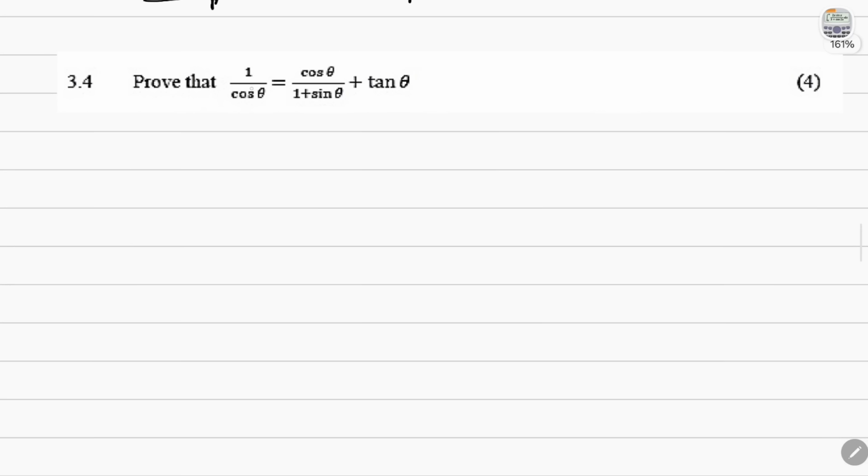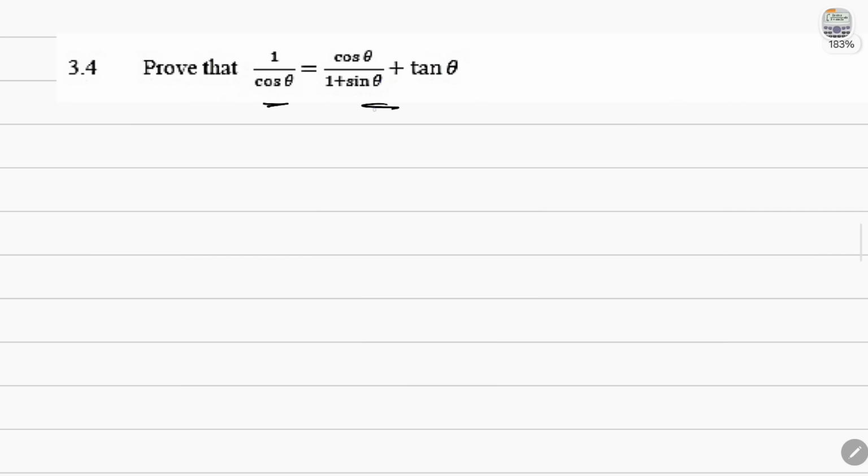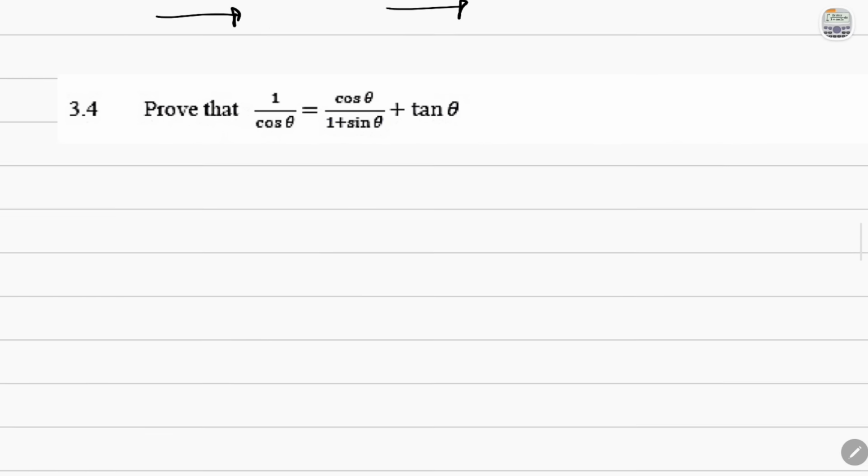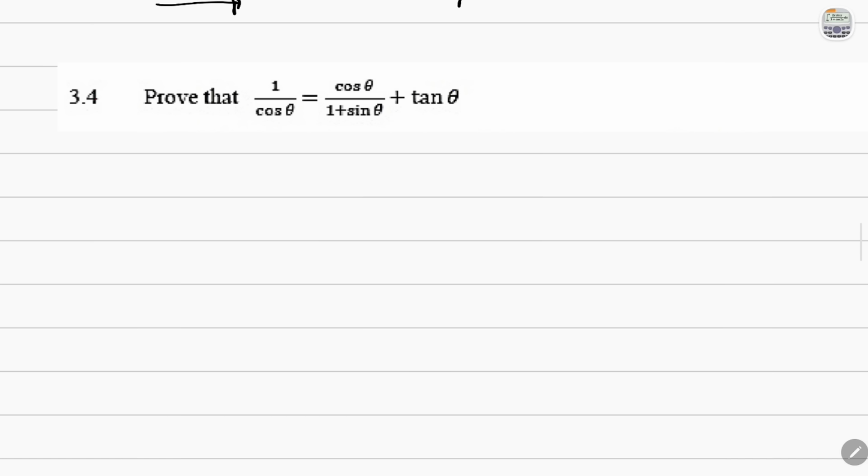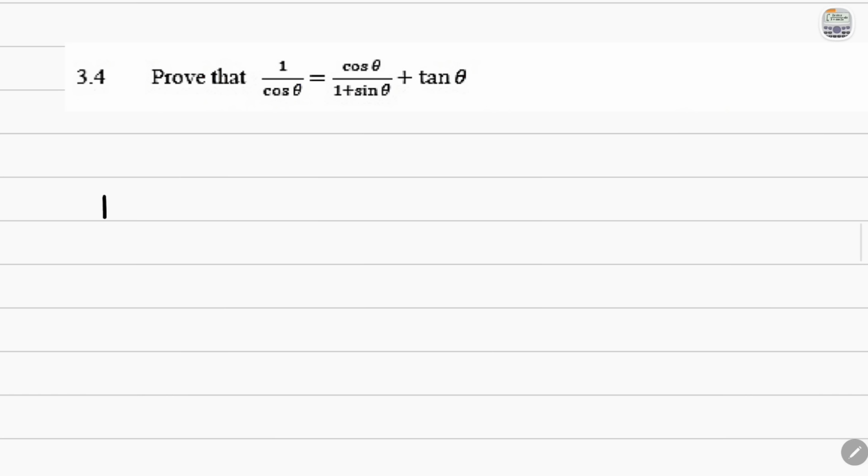Question 3.4 says, prove that 1 over cos theta is equal to all of this. Okay, so we need to prove that the left-hand side is equal to the right-hand side. You can see in this situation, the right-hand side is what we would work with because we can actually simplify things there. So we'll say right-hand side equals and rewrite it.